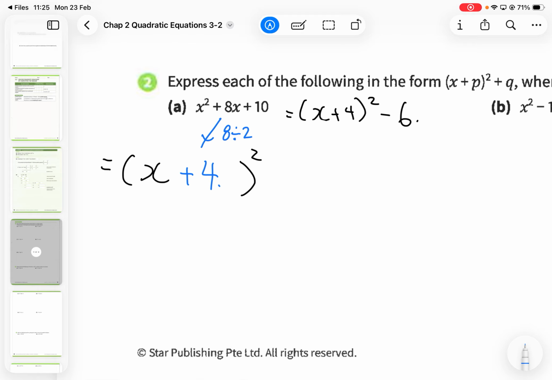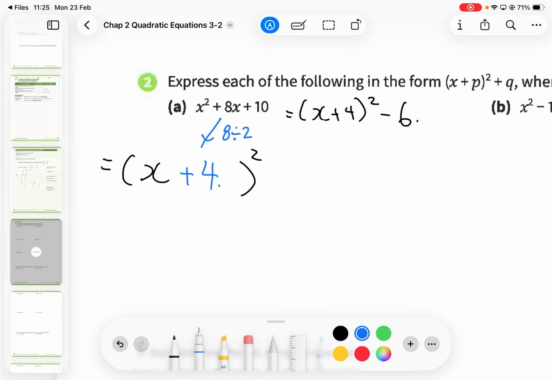Okay? Then to get my second number, if I only expand this one, I will get back my x squared, I will get back my 8x, but I would have created a 4 squared. There will be an additional 4 squared when I write this plus 4 over here. So because I have created the extra 4 squared, I always minus back 4 squared.